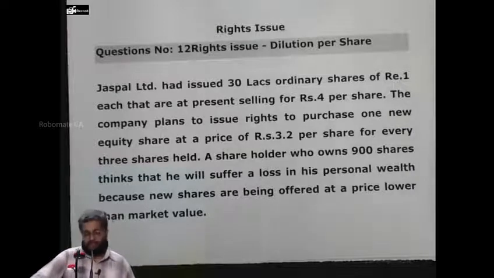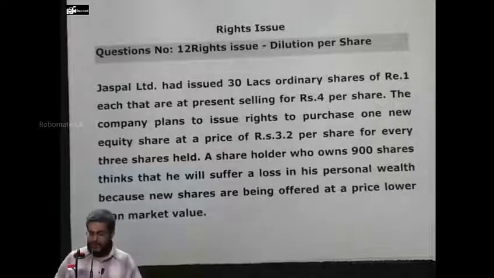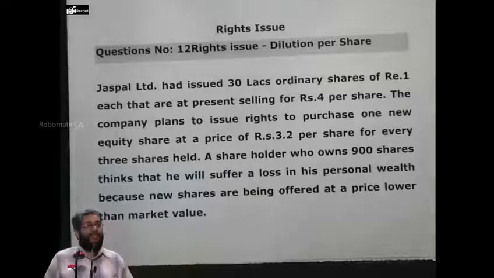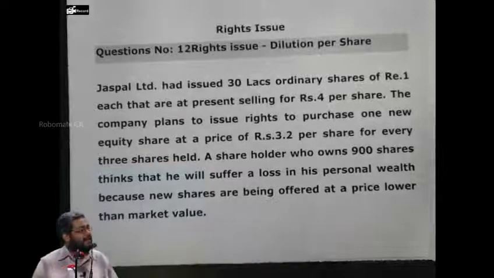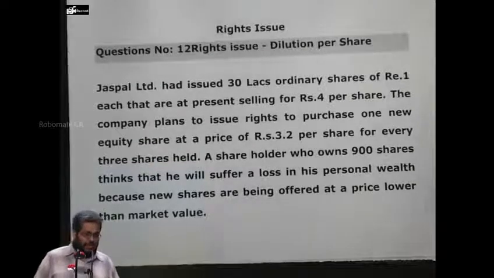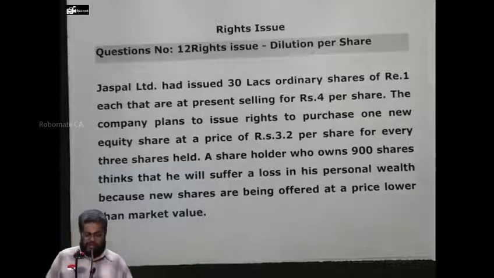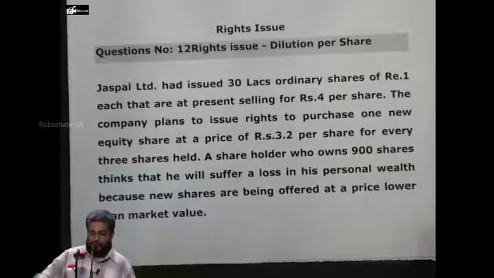Shall I proceed? Now, very simple sum. See, for 3 old shares, one new share is going to come. That's the rights ratio. The old shares are now trading in the market at 4 rupees each.